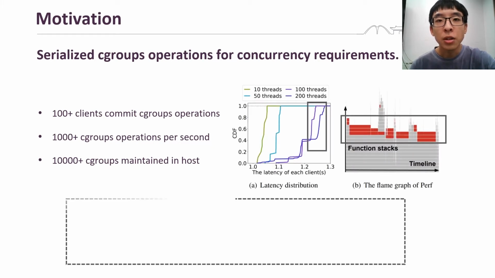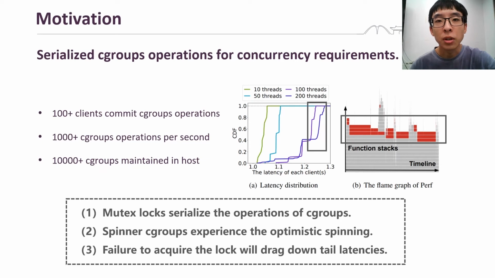However, the Linux kernel introduces several global locks, like mutex locks, to serialize cgroup operations. When spinners experience optimistic spinning because they fail to acquire the lock, it leads to heavy CPU consumption and a belated exit from the critical section.